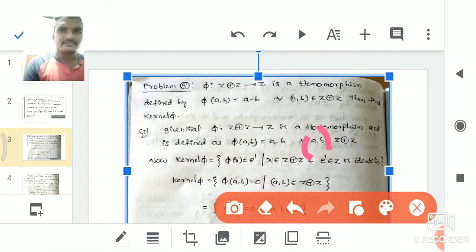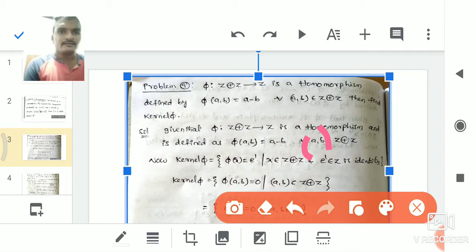Now what is the definition of the kernel of a homomorphism? Kernel phi is the set of x such that phi of x is equal to e dash, where x belongs to Z direct sum Z and e dash is the identity element in Z. We know that Z is a group with respect to addition, so e dash is equal to 0. Here x is an element of Z direct sum Z, so we take x in place of (a, b).